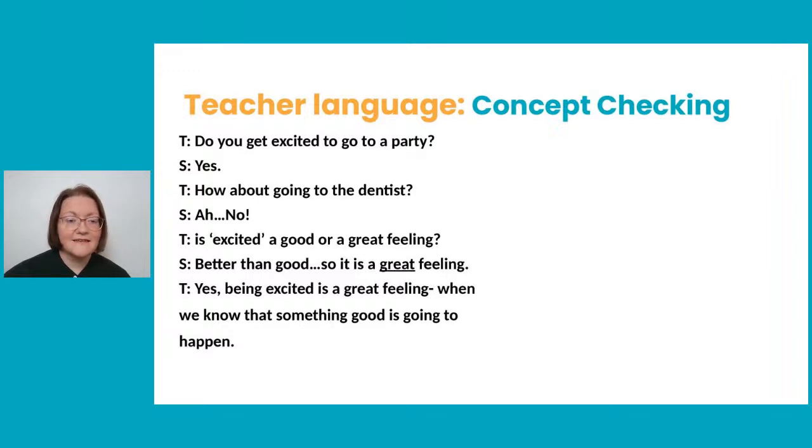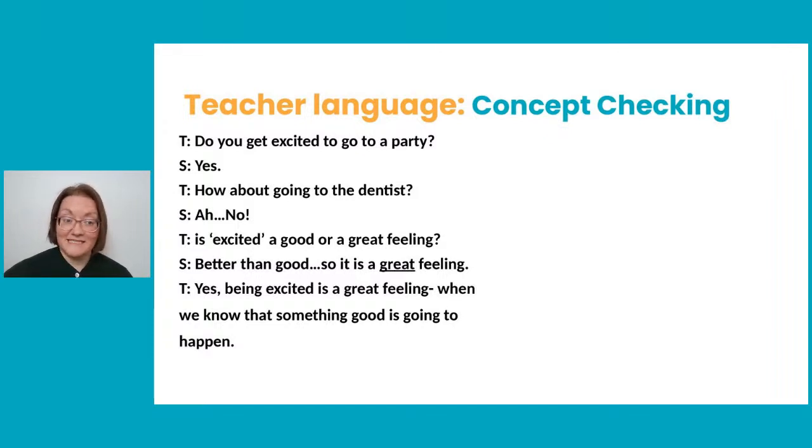Students: yes. How about going to the dentist? No. These are really good questions because if the student says yes about being excited to go to the dentist, then we know, okay, maybe they haven't really grasped this, because it's not typical that someone would be excited for the dentist, right? I'm not saying it would never happen, but it wouldn't be typical.